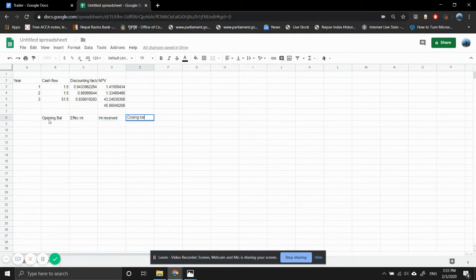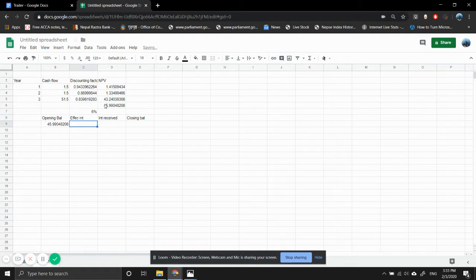closing balance. So our opening balance will be this figure, and then our effective interest rate would be at the rate of 6%, right?